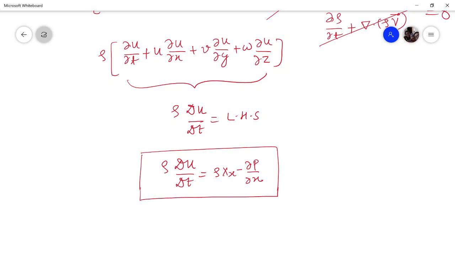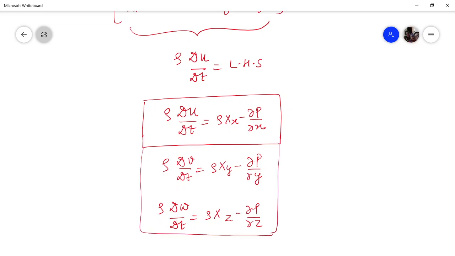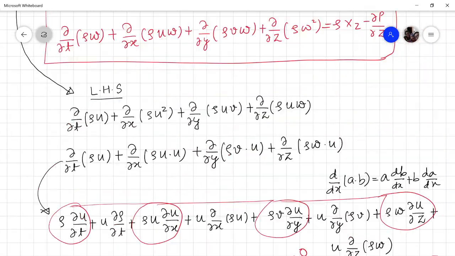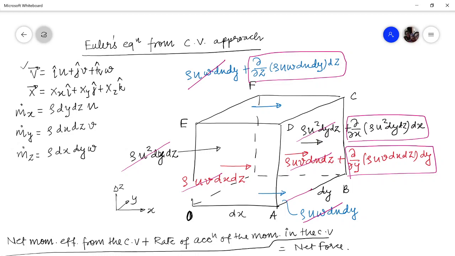If you go for the y direction, you get ρ Dv/Dt = ρ X_y − ∂p/∂y. For the z direction, it will be ρ Dw/Dt = ρ X_z − ∂p/∂z. No problem. Hence, we have derived the same Euler's equation, the relation between density and velocity field for an ideal fluid, from the control volume approach.